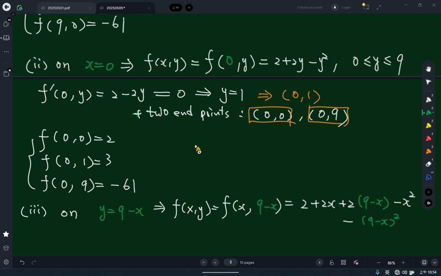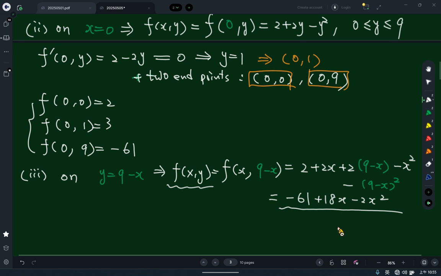Through some calculation, you can get the result is negative 61 plus 18x minus 2x squared. So you can see the function finally will be converted to this one. So this is a single variable function again, right? We just reduce it to a single variable function, so we can continue to differentiate it.